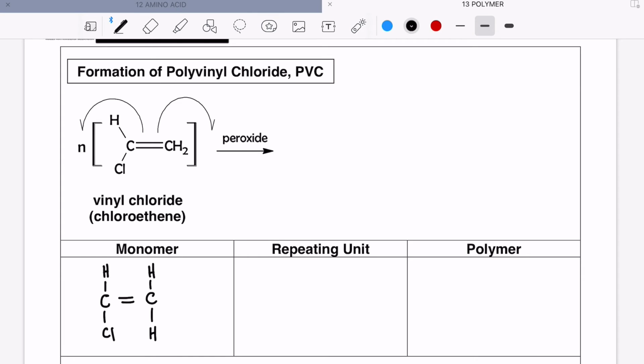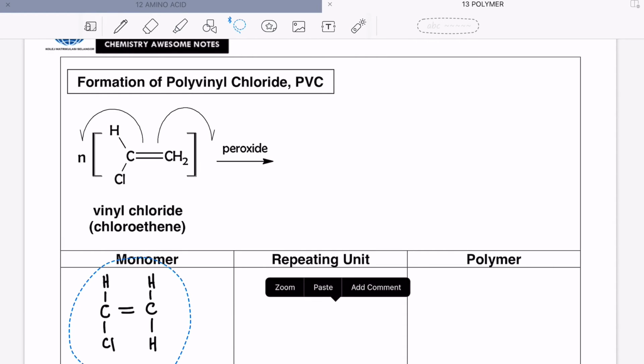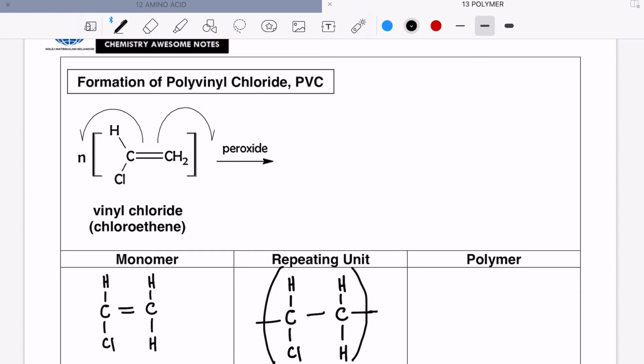So the repeating unit will be C. I think I have a good idea to explain to you all. So this one, copy. You can just paste them here or rewrite again. But this one has already broken. So like this. So this is your repeating unit.